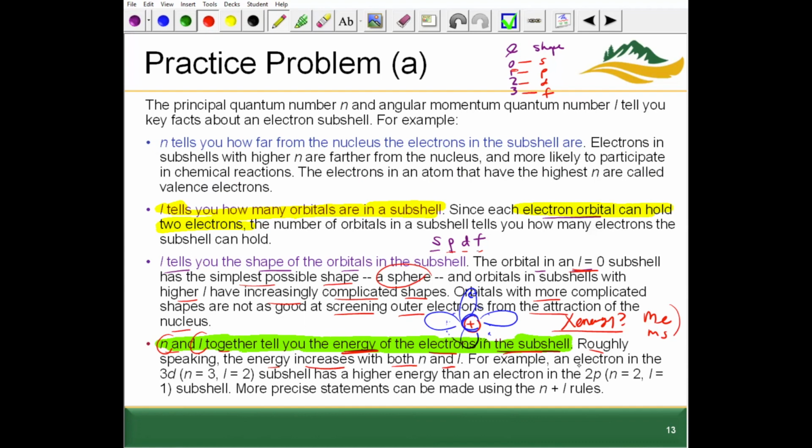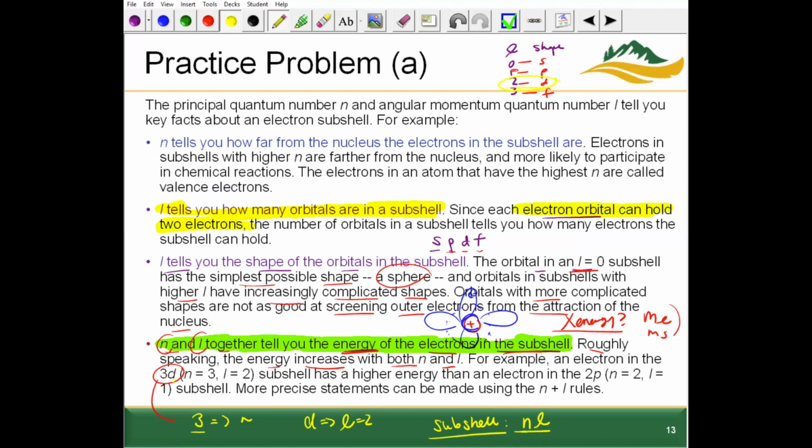For example, an electron in the 3d subshell: 3, that's our value for n. d is an l value equal to 2. The combination of the n and the l is the subshell.